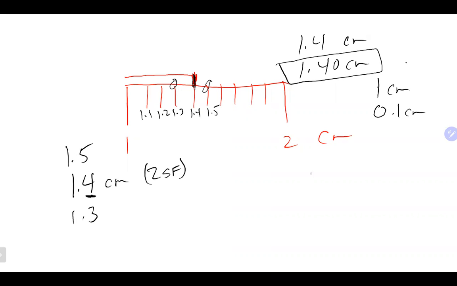When we look at 1.40 centimeters, that has how many sig figs? Would have 3 sig figs. The uncertain digit there would be the 0 here at the end, right? It would be our uncertain digit. And that means that we're basically saying, I think it's 1.40, but maybe it's like 1.41, maybe it's 1.39.